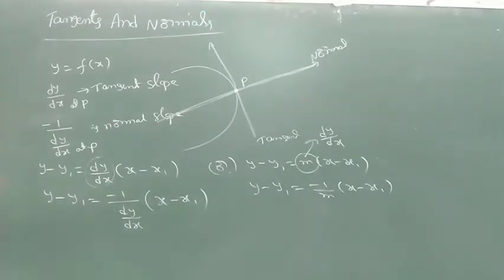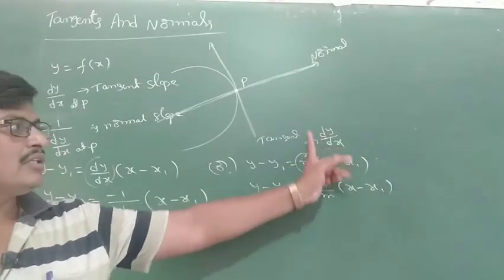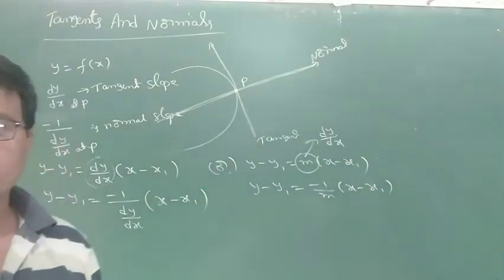The problems give any curve and a point. Find the tangent slope: the derivative of the given curve with respect to x at the given point. Normal slope is minus 1 by m, that is, minus 1 by dy by dx at P. Tangent equation: y minus y1 is equal to m into x minus x1, where the point x1, y1 is given and the derivative with respect to x is taken at the given point.